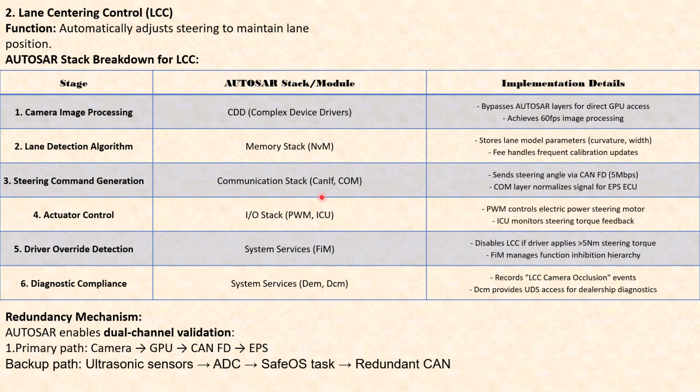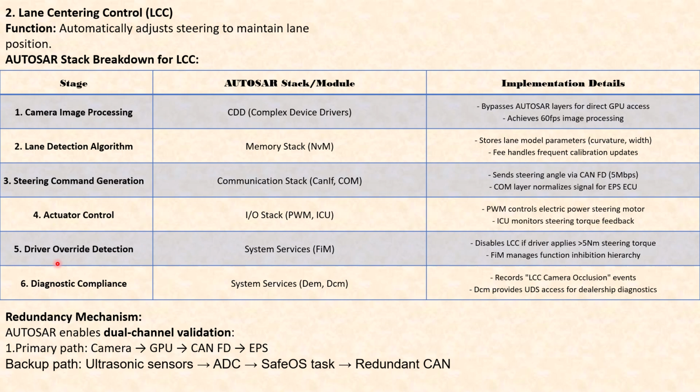The communication stack, CanIf and COM, are extremely important when it comes to steering command generation, and it implements sending the steering angle via CAN FD and the COM layer normalizes the signal for the EPS ECU. Coming to the actuator control, it is the input output stack. PWM controls the electric power steering motor, and ICU monitors steering torque feedback.